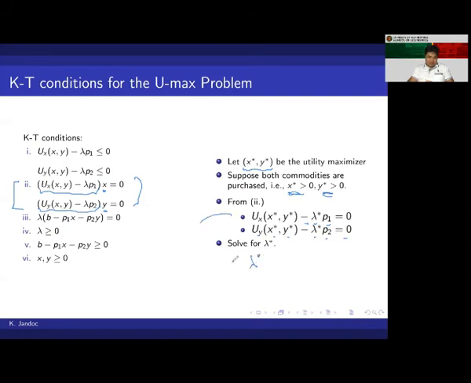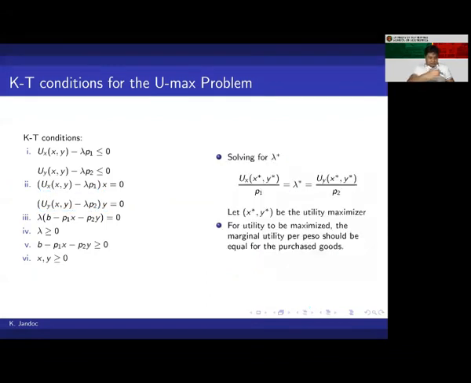Lambda star is equal to ux(x star, y star) over p1, and from the other equation, lambda star is equal to uy(x star, y star) over p2.